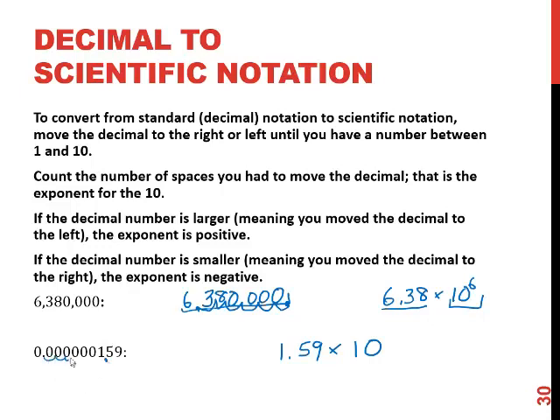That's 1, 2, 3, 4, 5, 6, 7 spots to the right. So it's going to be a 10 to the 7th. The question is, did I make this really tiny number bigger? I did. 1.59 is huge compared to this thing. So what I need to do is multiply by a very tiny number. That's why I'm going to have a negative exponent.